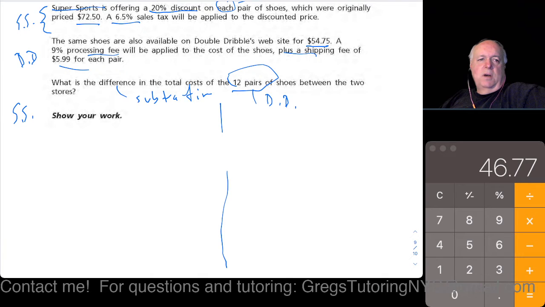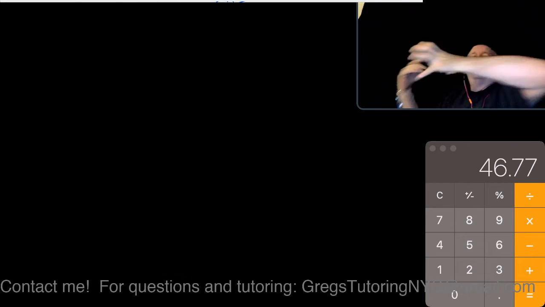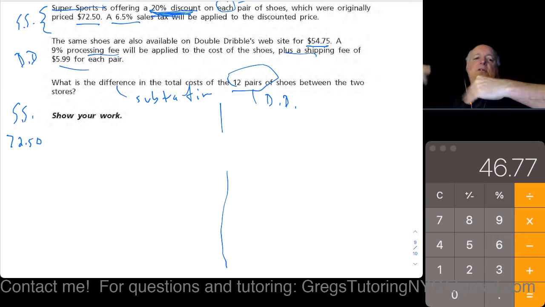So in Super Sports, the shoes were $72.50 each. Let me try as much left as I can. And it's telling us that there was a 20% discount, right, up here. That means if you use the previous question, we could figure out what 20% is and then subtract it off of the $72.50.